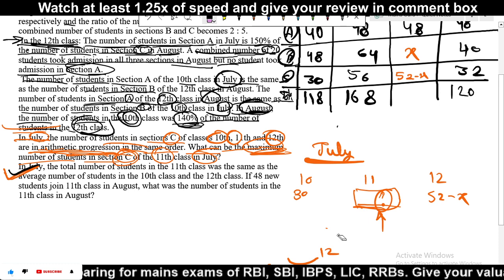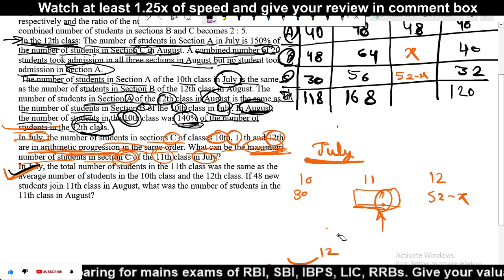It will not be possible, because it is clearly said in the question that only admissions took place; no student left the school. It is not said, so we cannot assume it; it only says admission, so we will consider just that part. If I take 34 here, it means 2 students have left the school, so that is not possible.